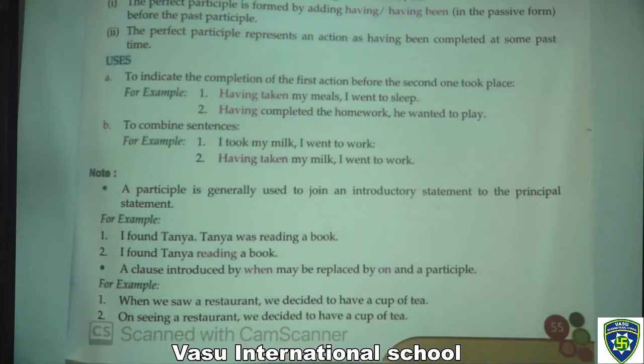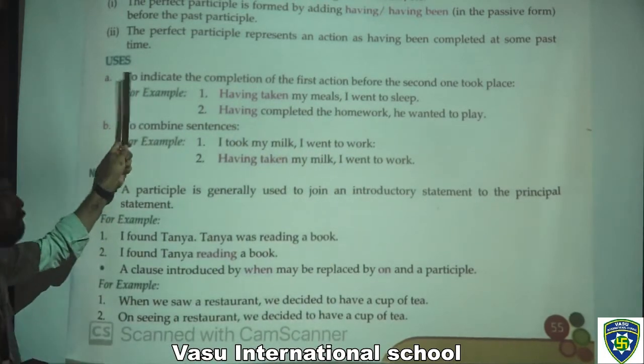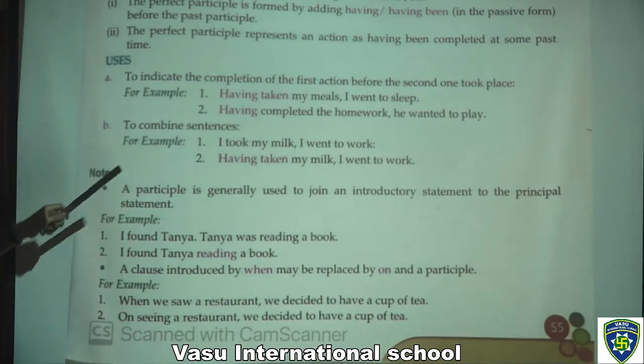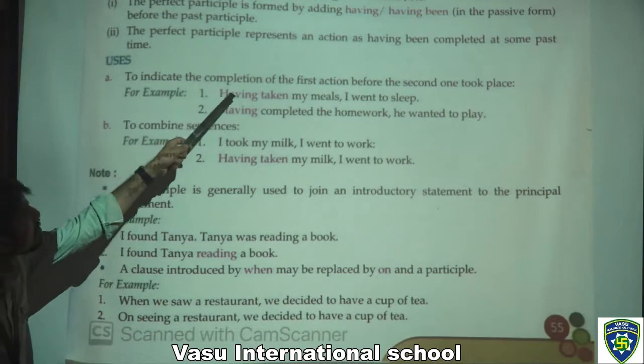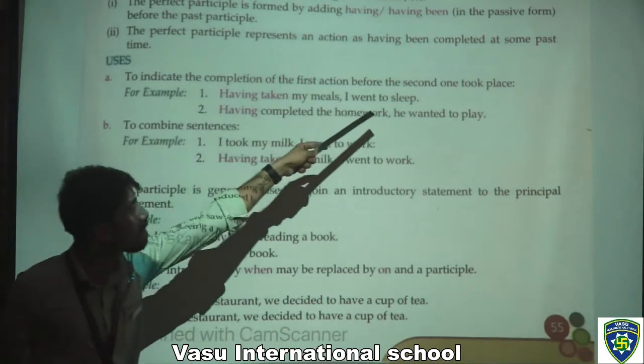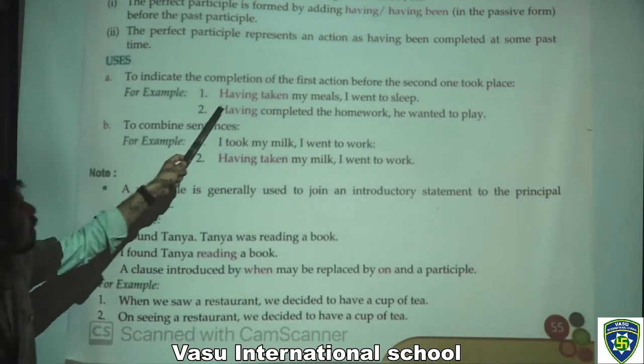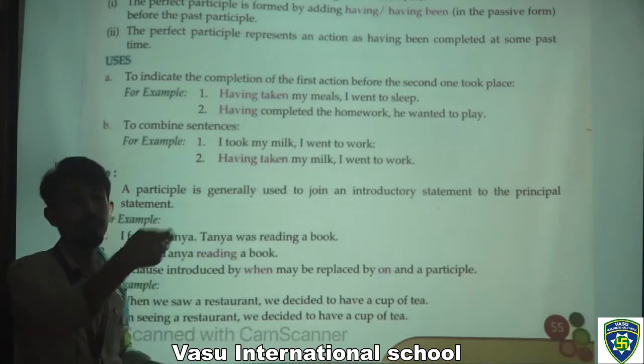The perfect participle represents an action as having been completed at some past time. Now what are the uses? A, to indicate the completion of the first action before the second one took place. For example, having taken my meals, I went to sleep.